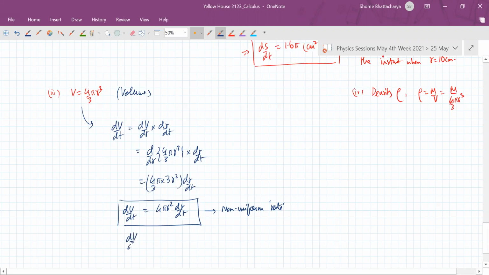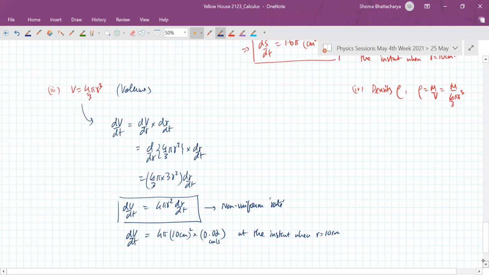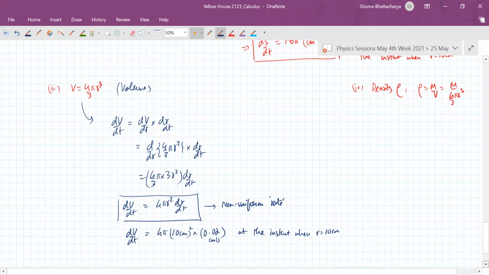So that volume rate will become 4 pi into 10 centimeters square into 0.02 centimeters per second at the instant when r is equal to 10 centimeters. So that becomes now how much? 100 into 0.02, so that's 2.